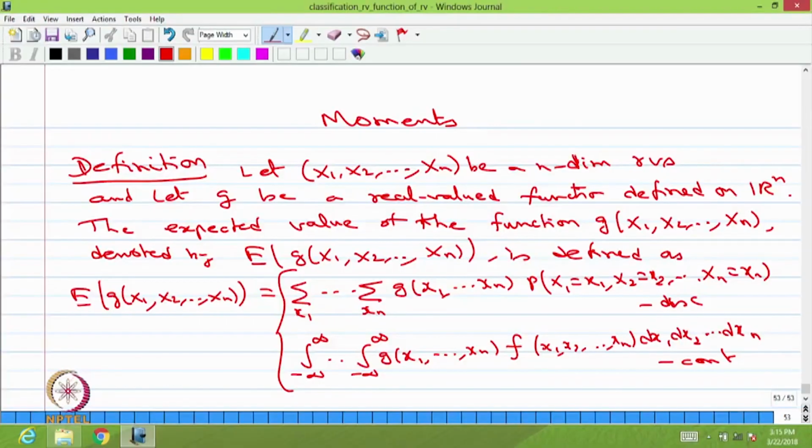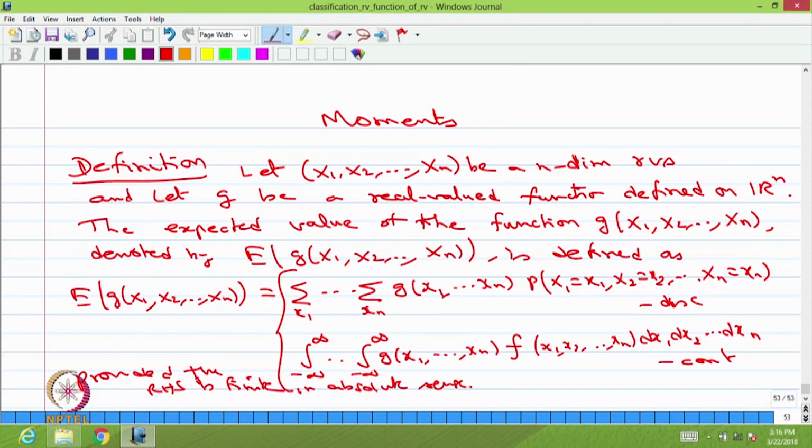That means, provided the right hand side is finite in absolute sense.